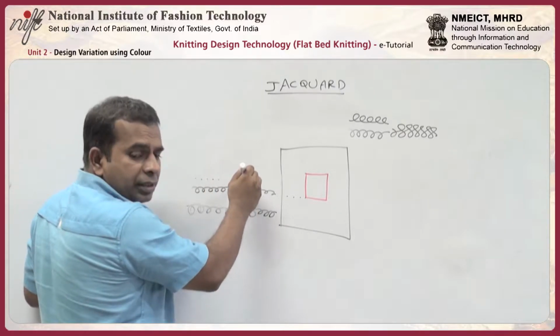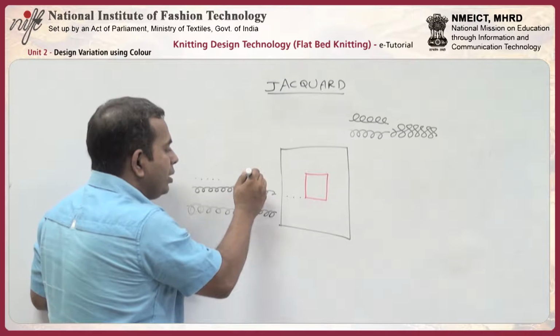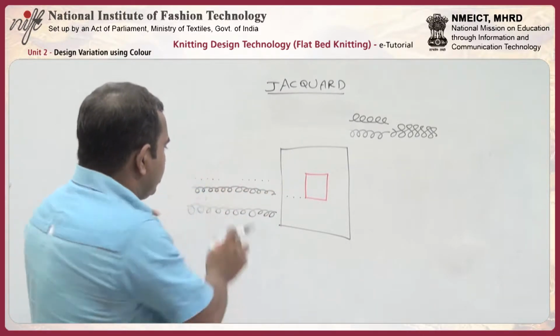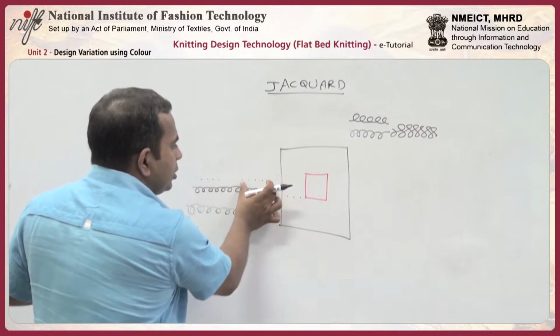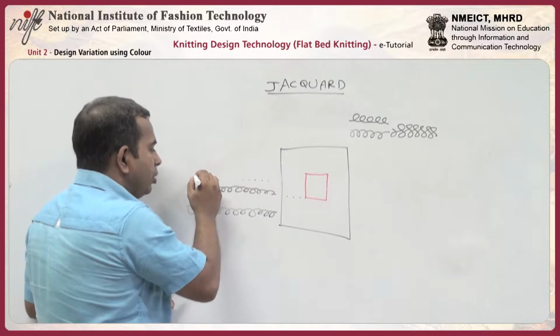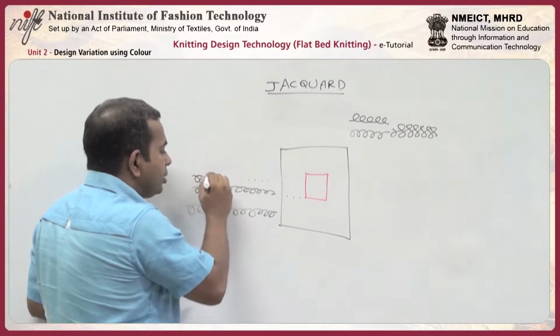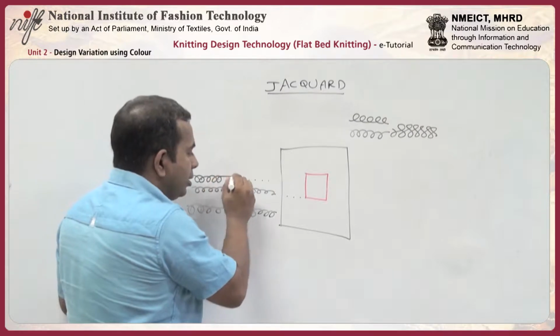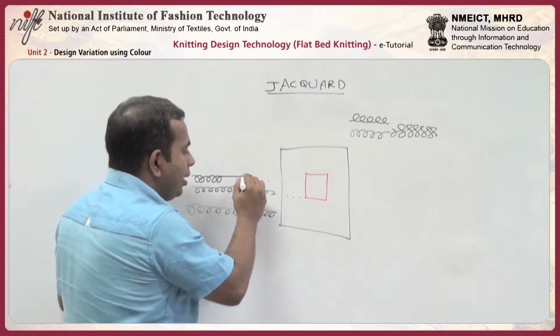We will not select any needles here. We will select a few more needles from this area. That means we are selecting these needles from here, these needles from here. And we will be using our black feeder to knit this area. It will knit this much, knit, then a miss, then again knit.